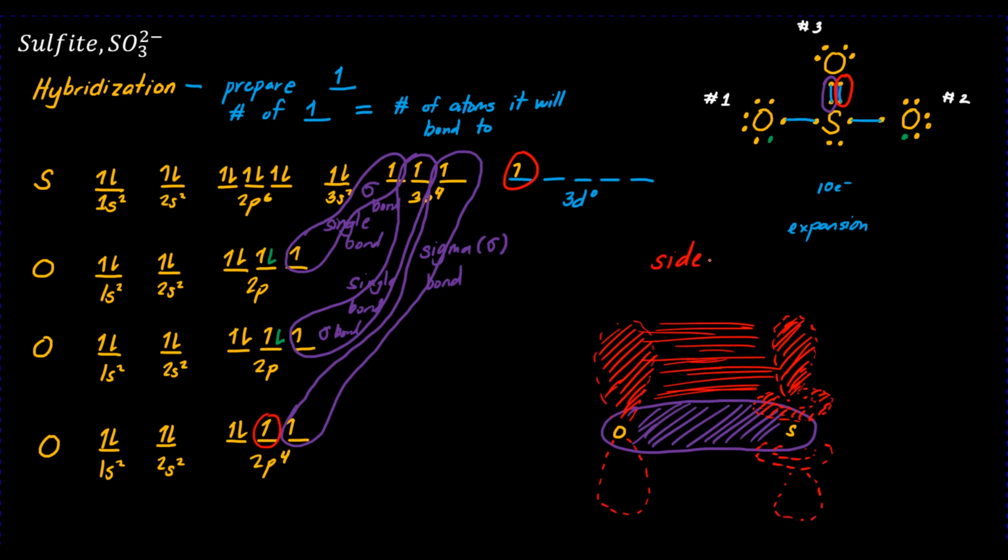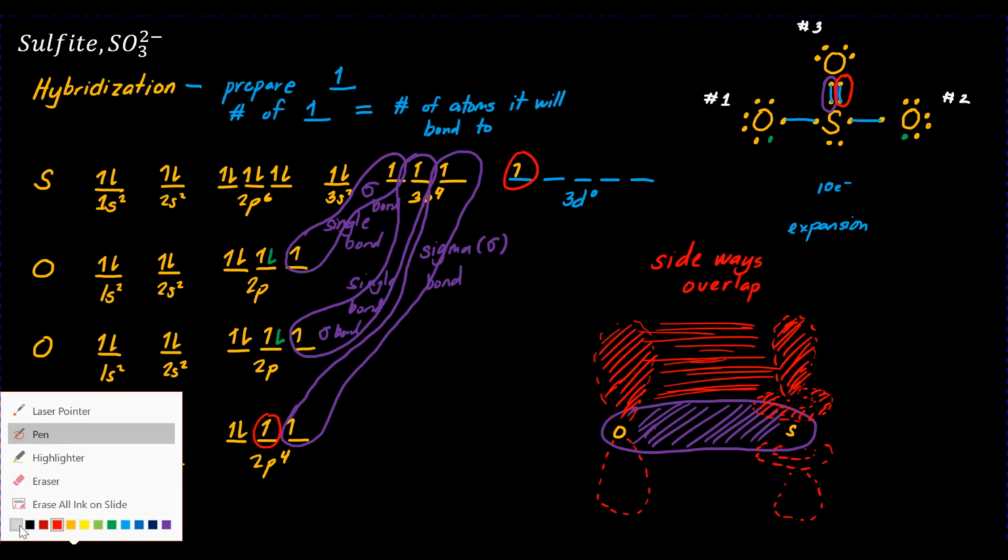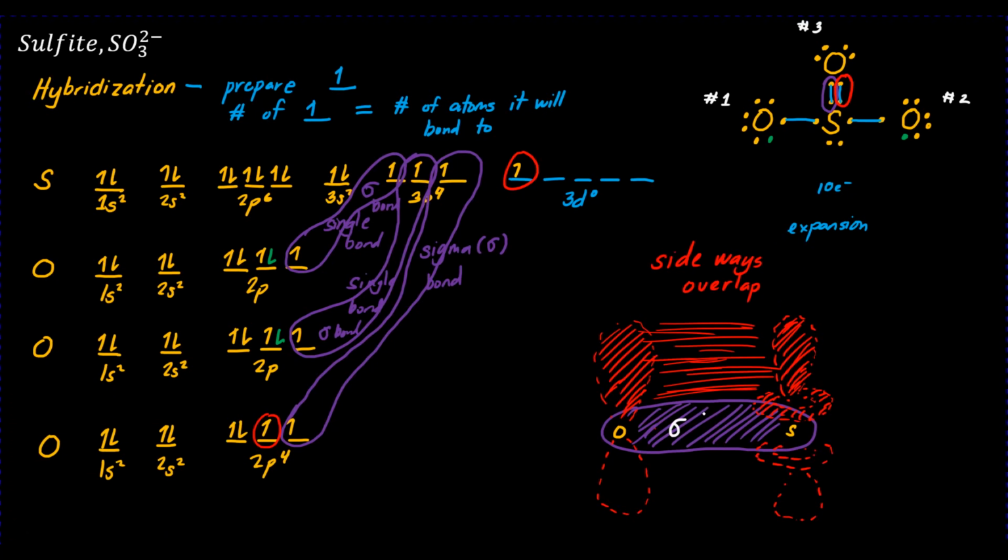This particular sideways overlap has a special name. If the first one is called a sigma bond, this one is called a pi bond. It occurs along the side. The sigma bond is a head-on overlap, as they say in textbooks. Meanwhile, this one is a sideways overlap.